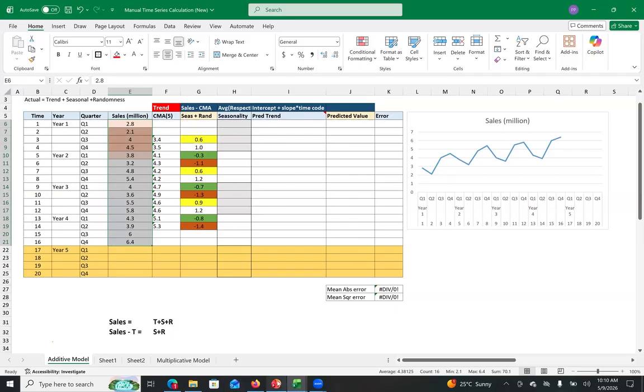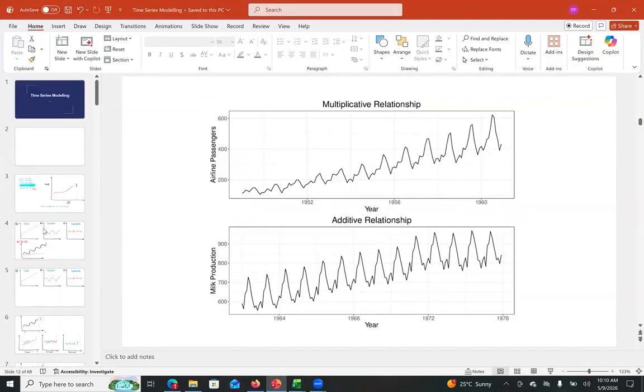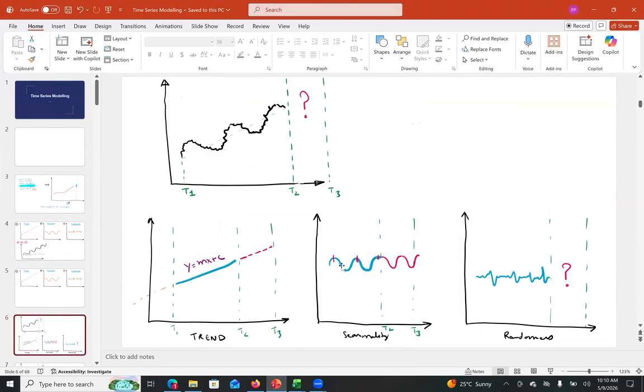Let's say, for example, over here, are the values repeating itself? Yes, the values are repeating itself. But are the values repeating over here? The answer is no. So where is this seasonality component coming from?